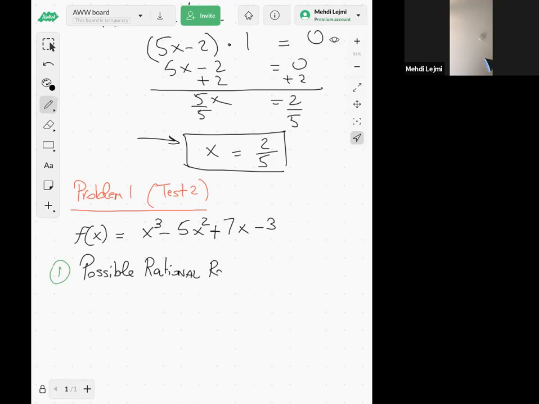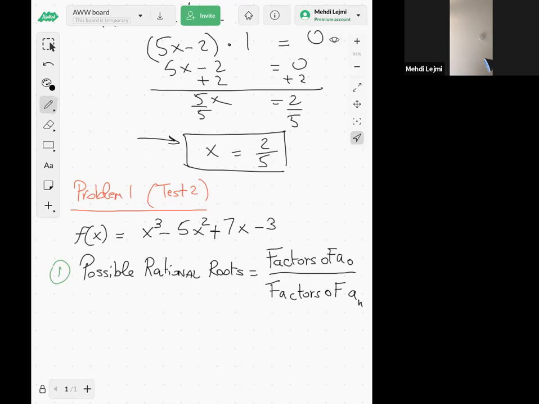Just to remind you guys, what you do in this case is take the factors of the constant, factors of a0, over factors of the leading coefficient, factors of an.